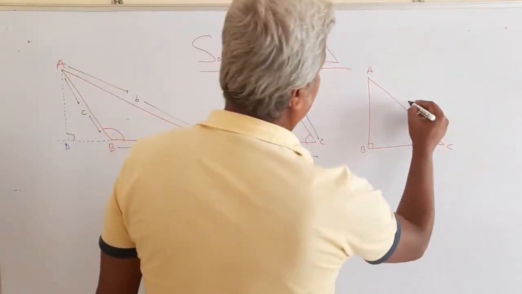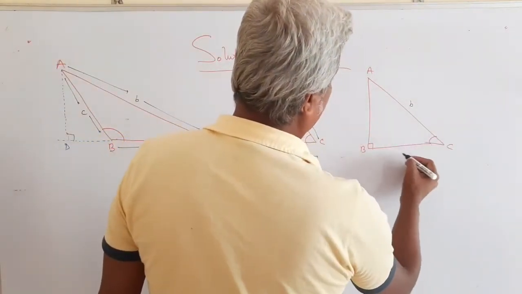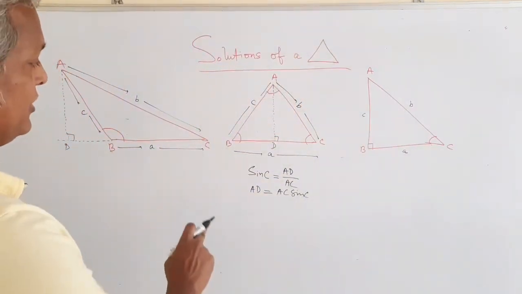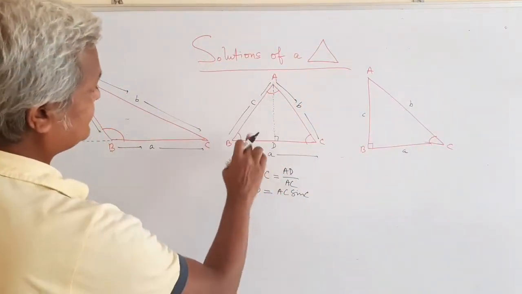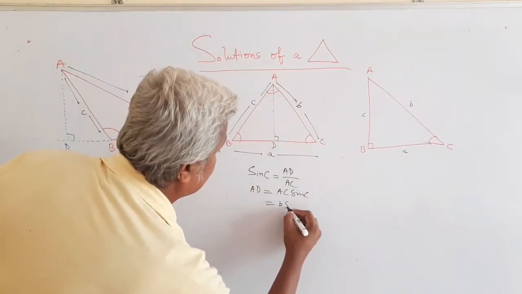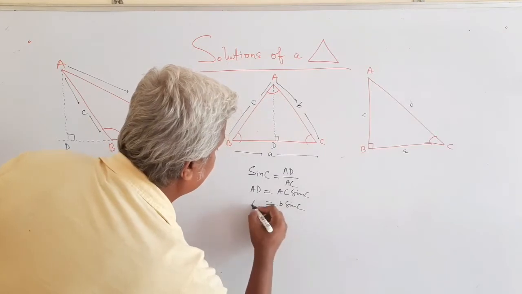Here also we have B, and we have A, and we have C. So AC, what is AC? That is b. So this becomes b sine C.